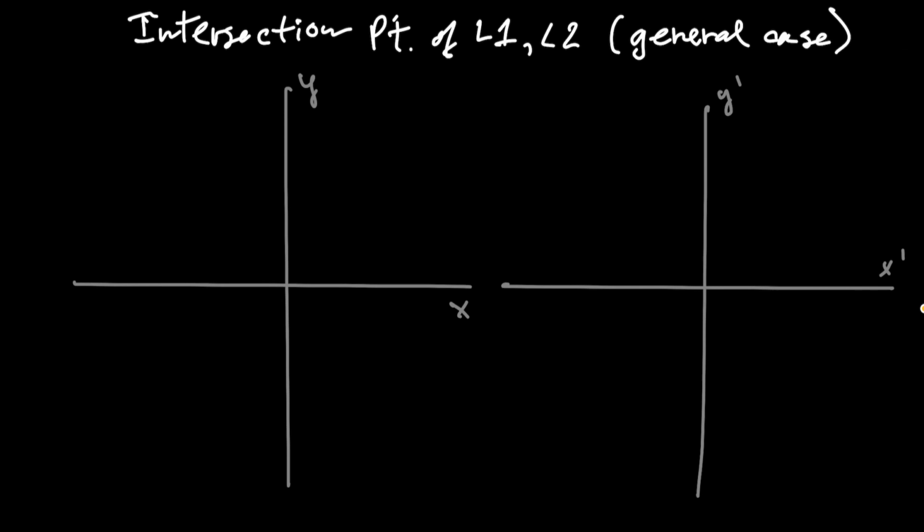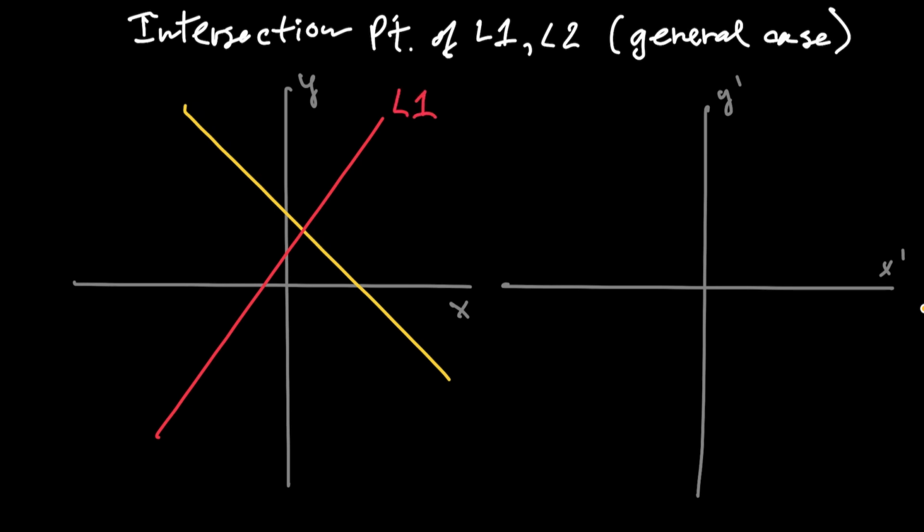And I'm just going to draw two lines. Now the red will be L1, yellow L2, and the result we're looking for is this intersection point I.